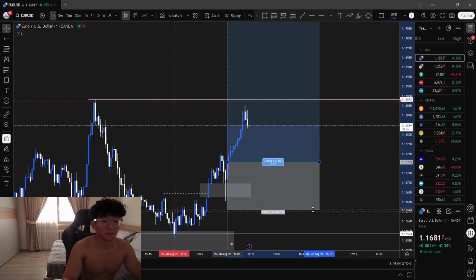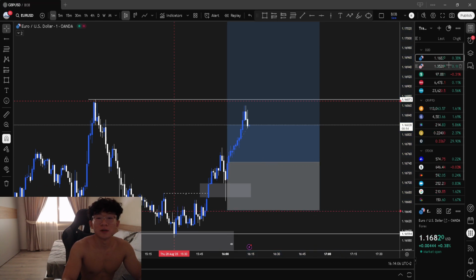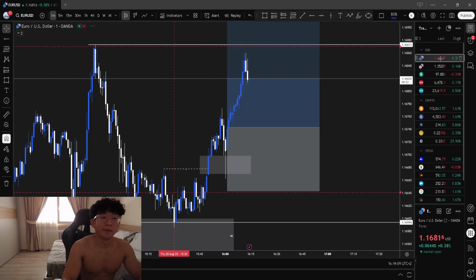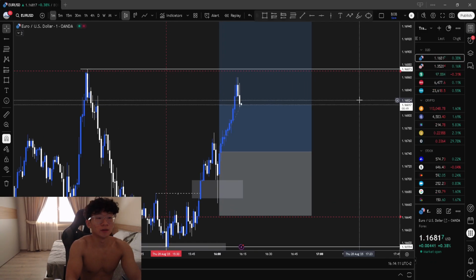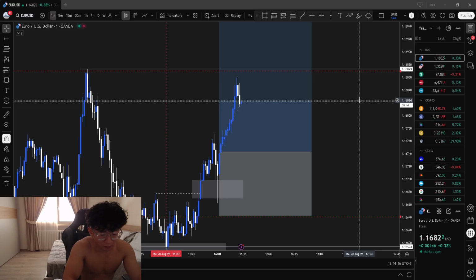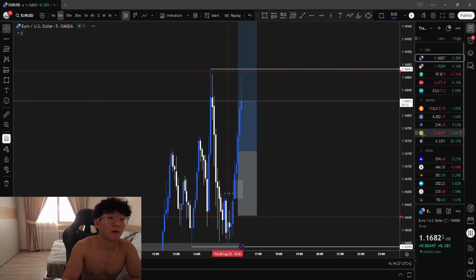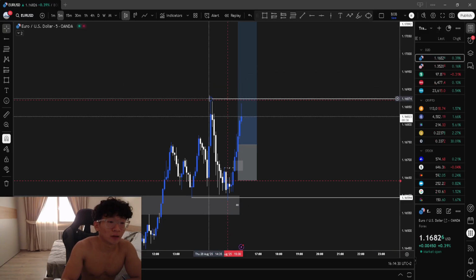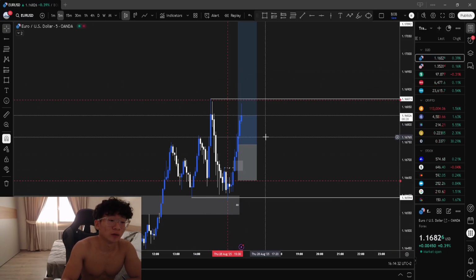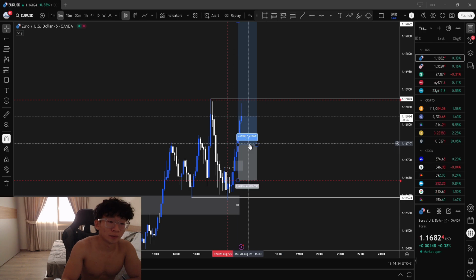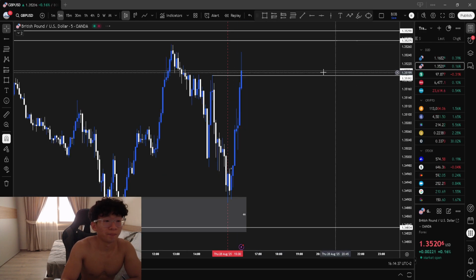Oh my god, honestly, my emotions are starting to kick in. Wait a second. To be objective, take profit did not get hit on Euro USD, so I should not be moving stops to break even just out of fear.